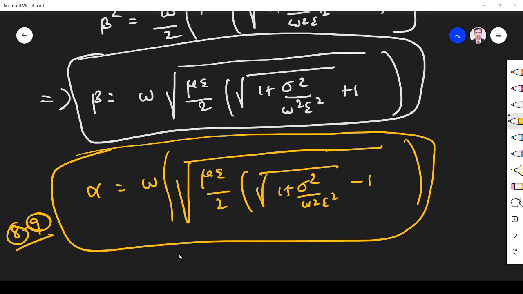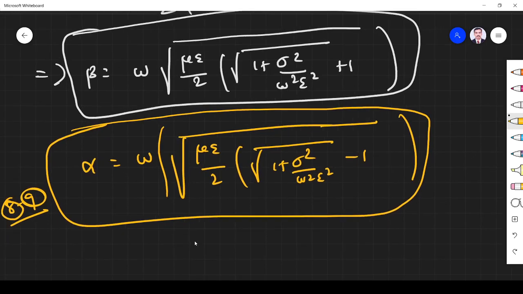Next we have to do some important interpretation of this equation. You see, in this equation, if sigma is 0, what happens? This will be 0, so root of 1 minus 1 is 0, so totally it will become 0.